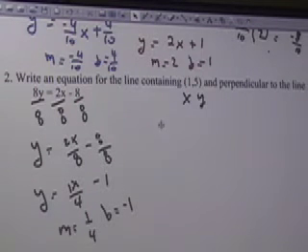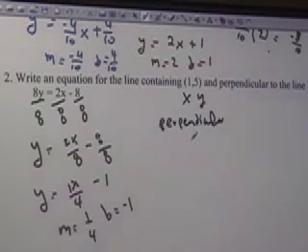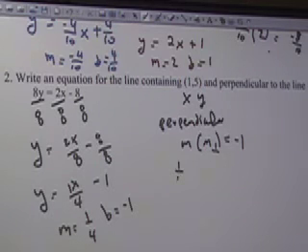Now the question is, we want the perpendicular line to that, and as we said, it means that this m times m perpendicular has to equal -1. Well, let's see if it does. 1/4 times m perpendicular equals -1. How are we going to find what the slope of the perpendicular is from that equation?